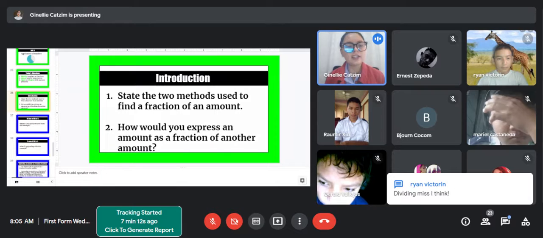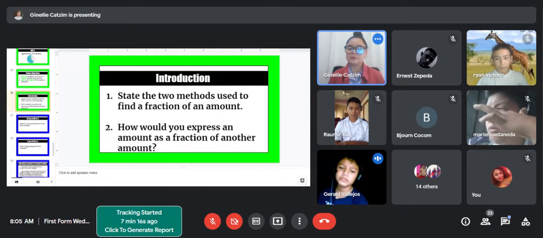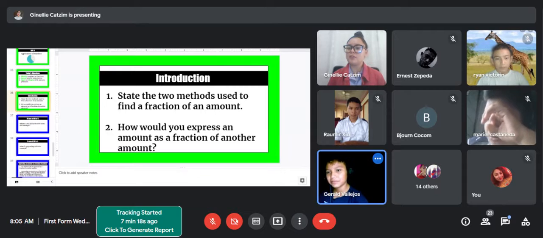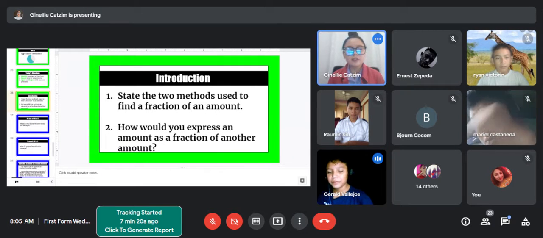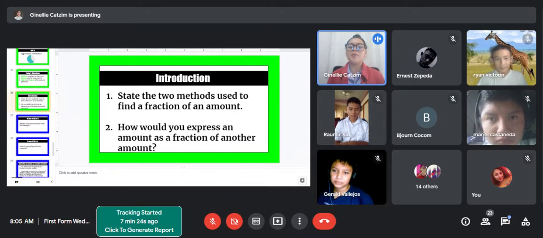Ryan says dividing, I think. Could you repeat, Gerard? Repeat the question. Remember the past classes we did finding a fraction of an amount. You were given a fraction and you were to find that fraction as an amount, as a whole number.